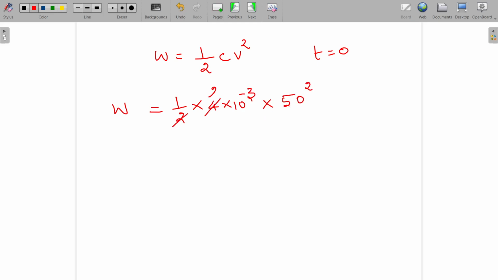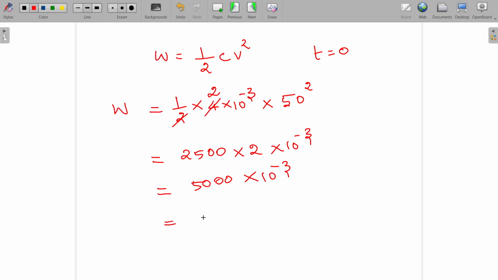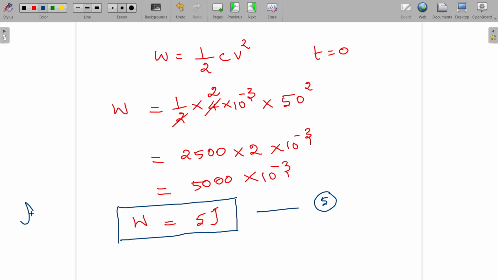So this 2 gets cancelled. 50 square is 2500 into 2 into 10 power minus 3. So I can write it as 5000 into 10 power minus 3, that is equal to 5 joules. So the energy is 5 joules. So this is equation number 5 as well as the answer for the second part.